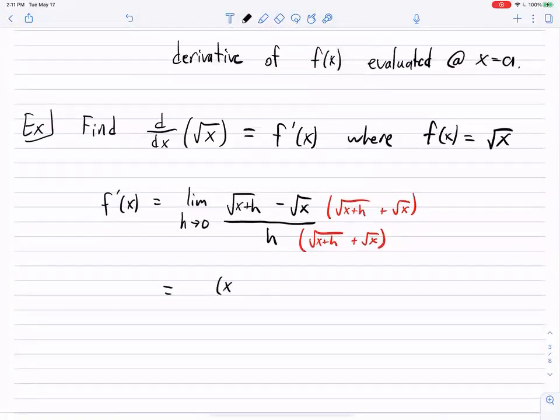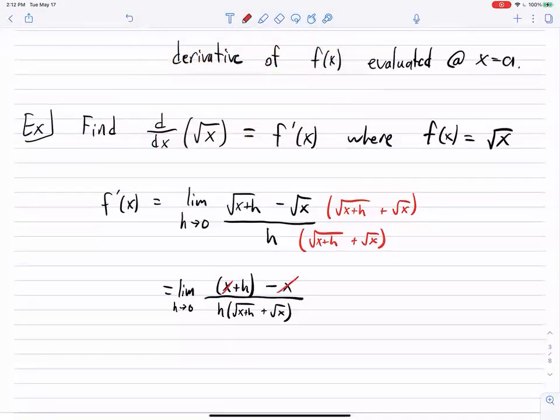It will become x plus h minus x all over, and this is the limit as h approaches 0, h times square root of x plus h plus square root of x. Then something else really nice happens. That x will cancel with that x, and you just get an h on top.